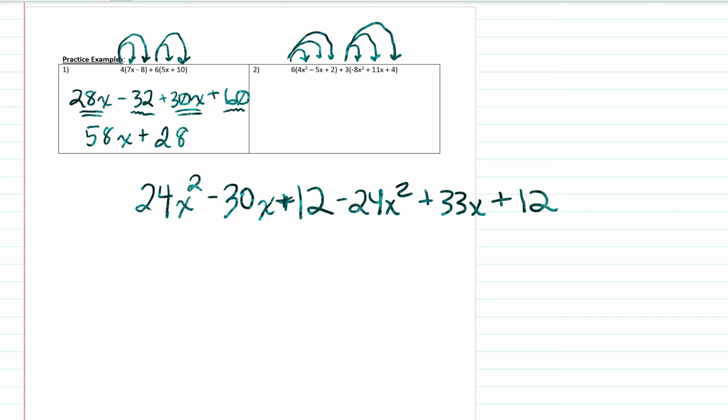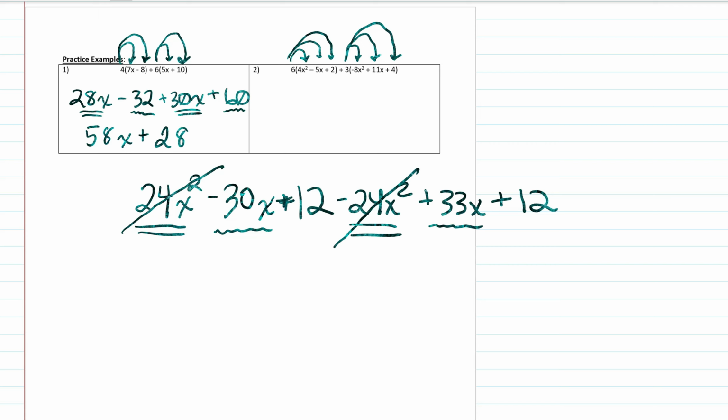All right, so now all I want to do is just combine like terms. So here are two like terms, 24x to the second and a negative 24x to the second. Well, they zero out, right? Because one's a positive and one's a negative. So they zero out.